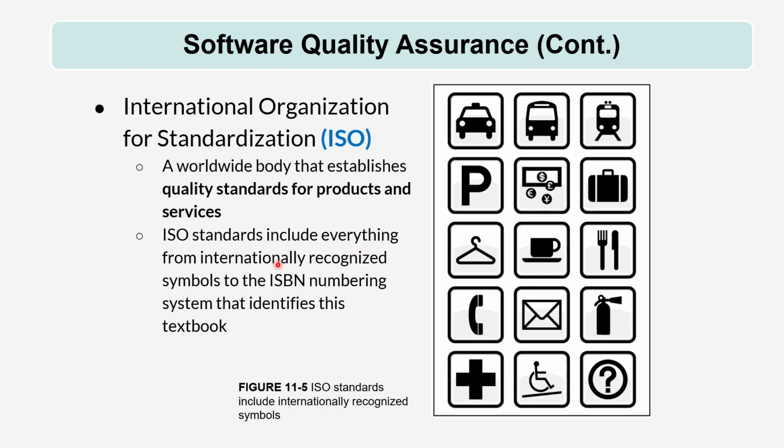A company can specify ISO standards when it purchases software from a supplier, or use ISO guidelines for in-house software development to ensure that the final result measures up to ISO standards. ISO standards include everything from internationally recognized symbols to the ISBN numbering system that identifies this textbook. This is the internationally recognized symbol in this figure.